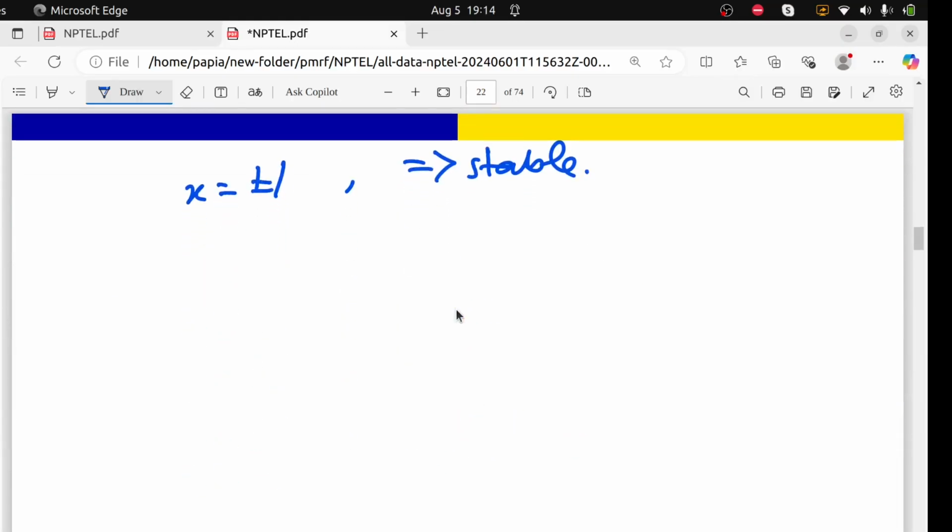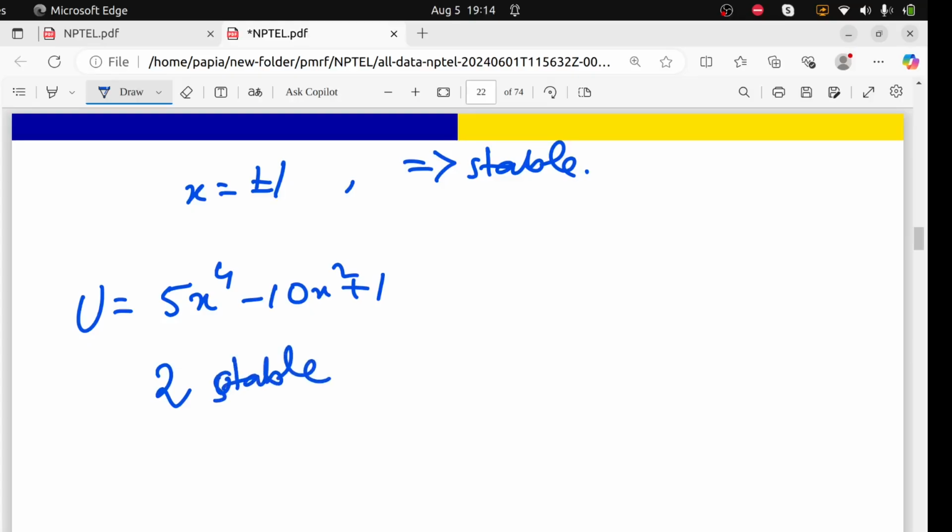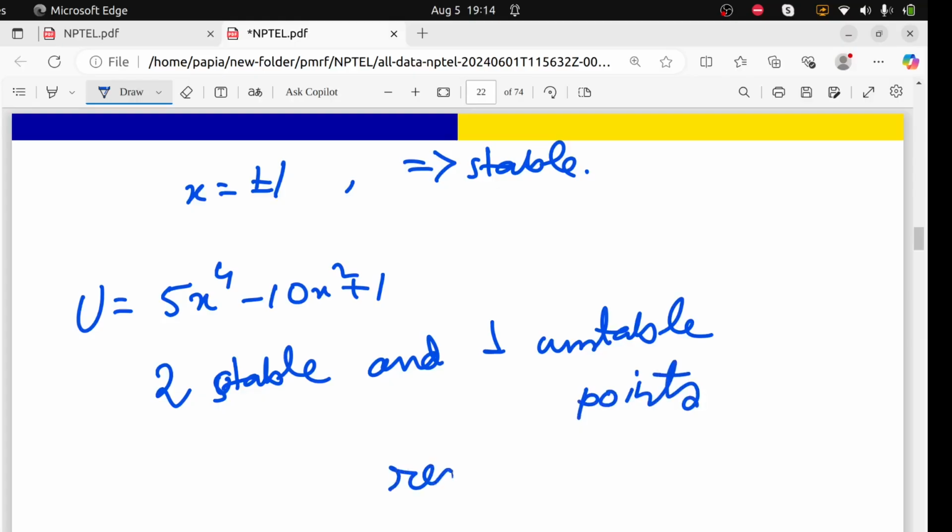So if U equals 5x to the power 4 minus 10x square plus 1, then I will have 2 stable and 1 unstable points respectively.